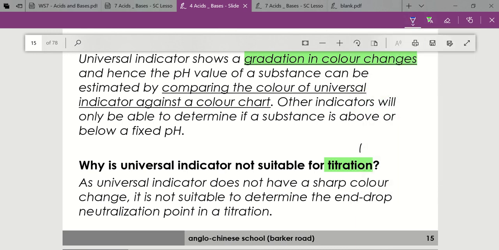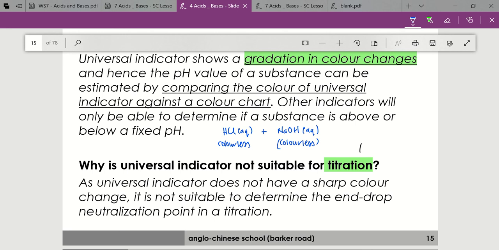If I have hydrochloric acid, and hydrochloric acid is colorless in appearance. Alkali, let's say sodium hydroxide, it is also colorless in appearance.